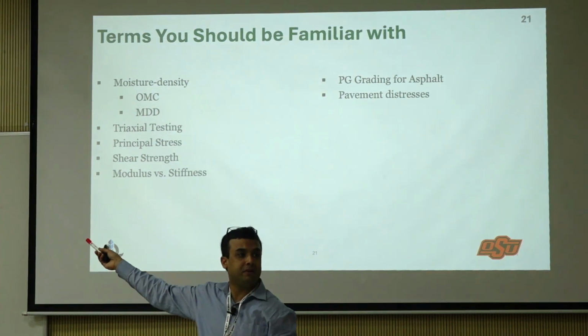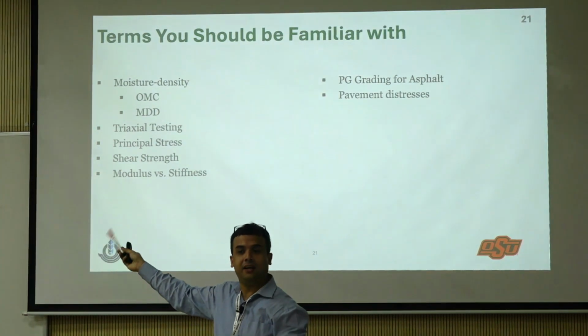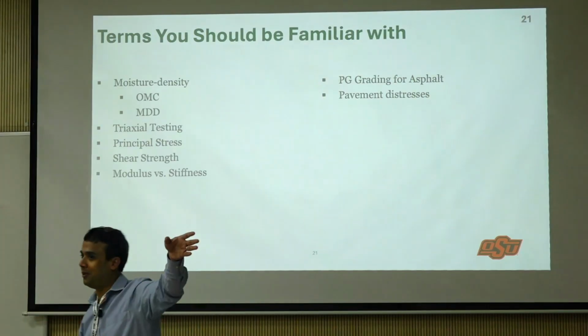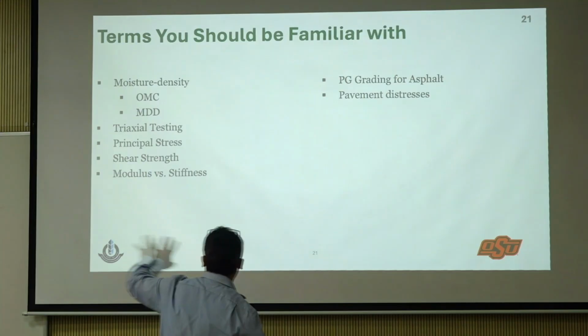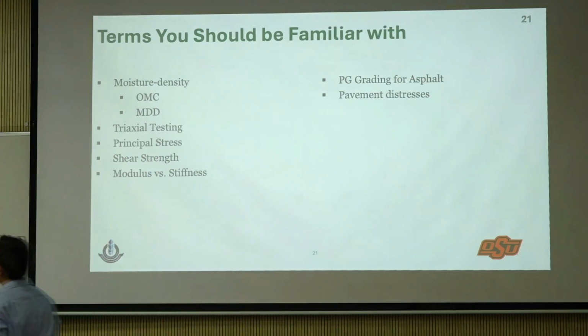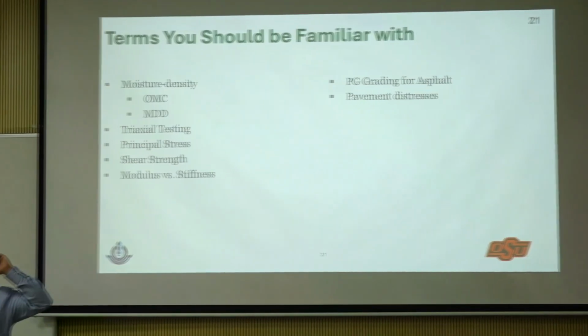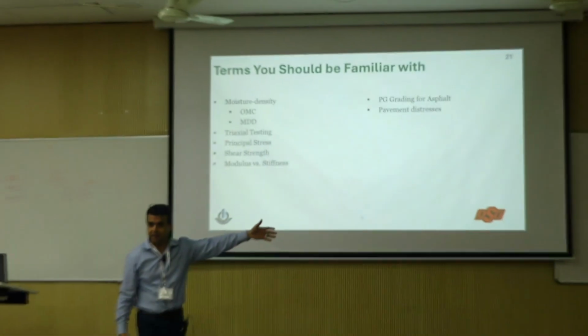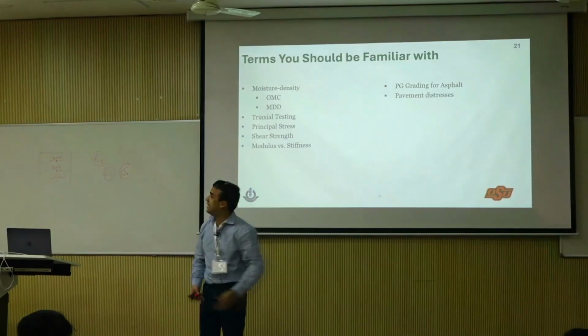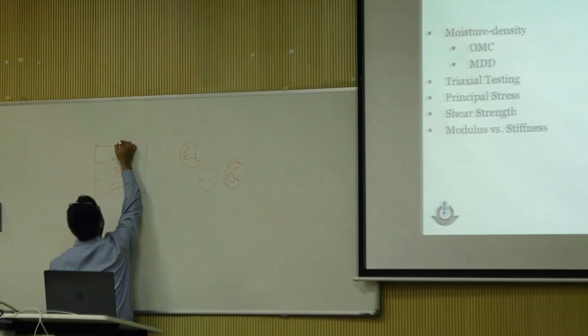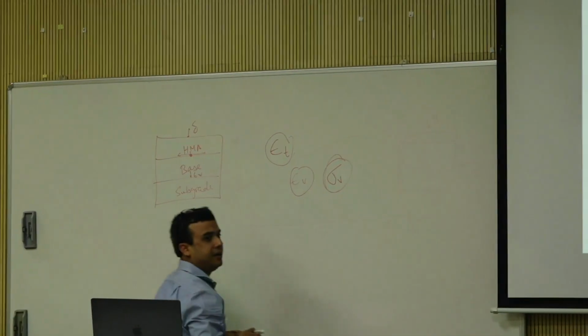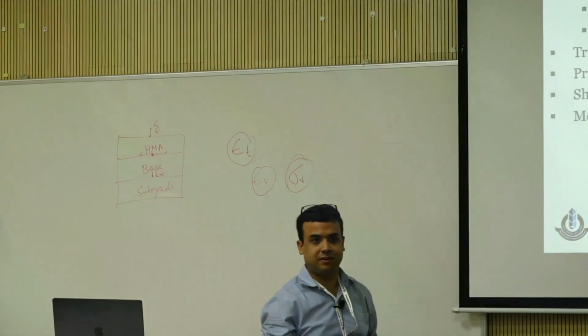Response or performance? Response. So what are they used to predict? Performance. That's where the transfer function comes into the picture, right? So you're going to pick these, and then we are going to predict how this is going to lead to alligator cracking or fatigue cracking, subgrade rutting. Another one that gets measured here is the deflection at the surface, delta at the surface, right?